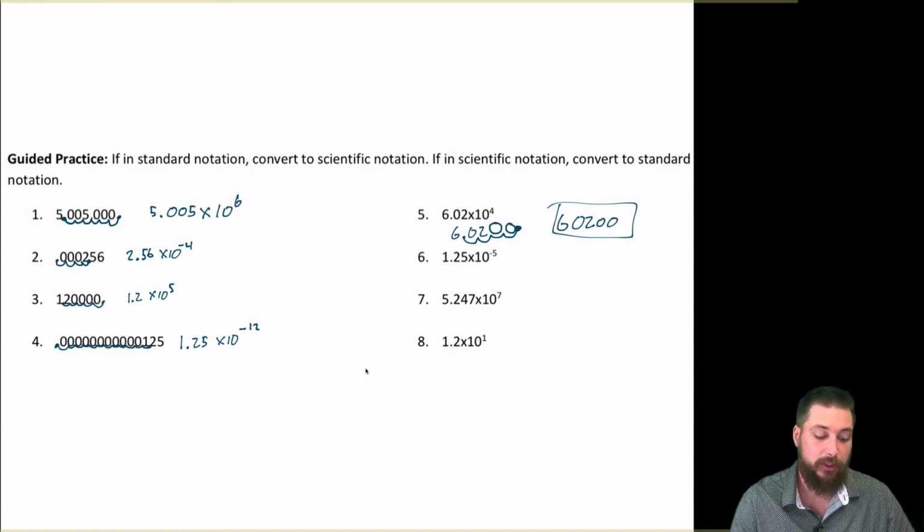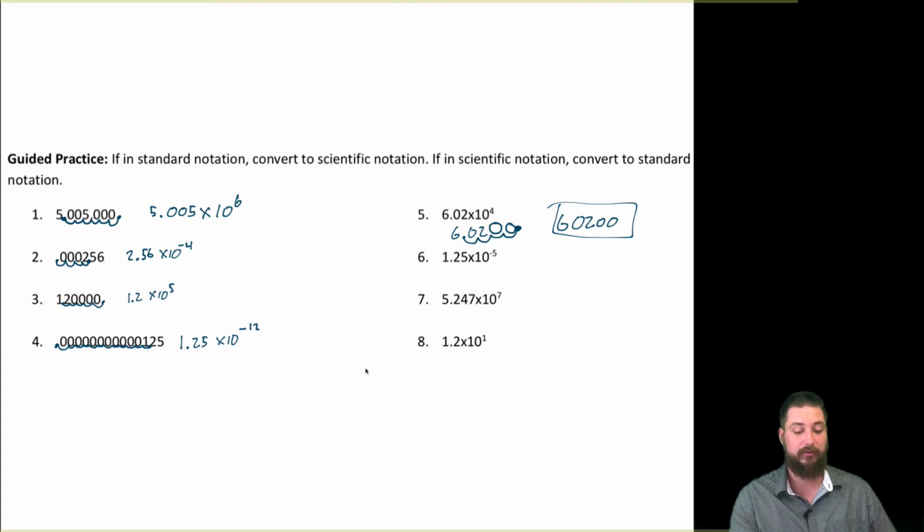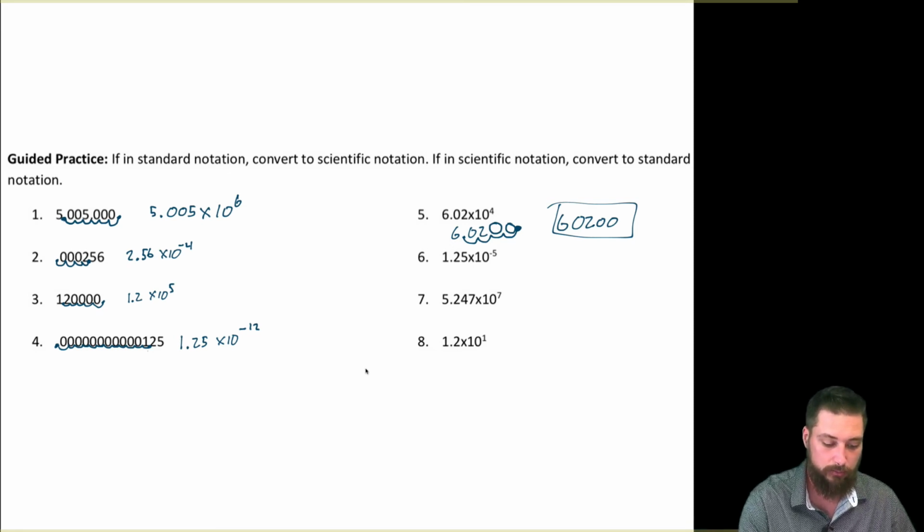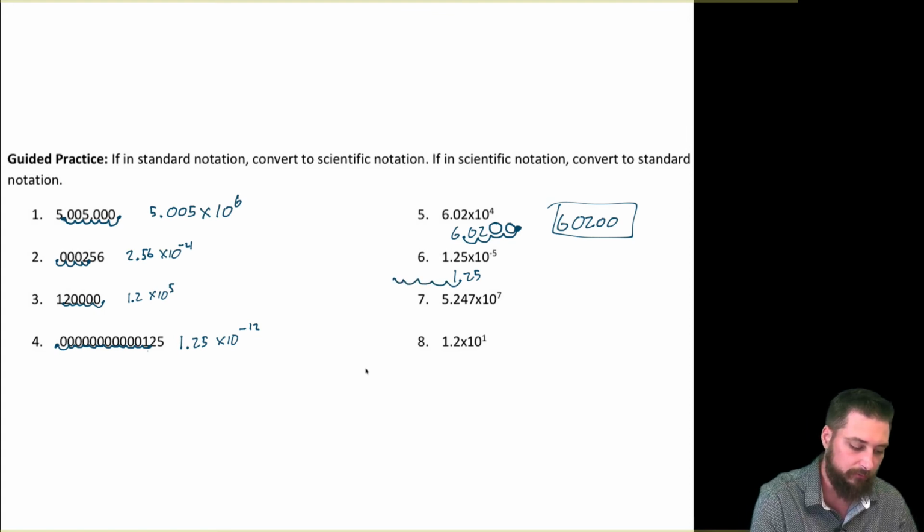Now this next one here, we have 1.25 times 10 to the negative 5. So because it's a negative 5, we're going to end up with a small number. If we move the decimal to the right, that would give us a big number. So to get a small number, we end up going to the left. And we have 1.25. We go 1, 2, 3, 4, and 5.